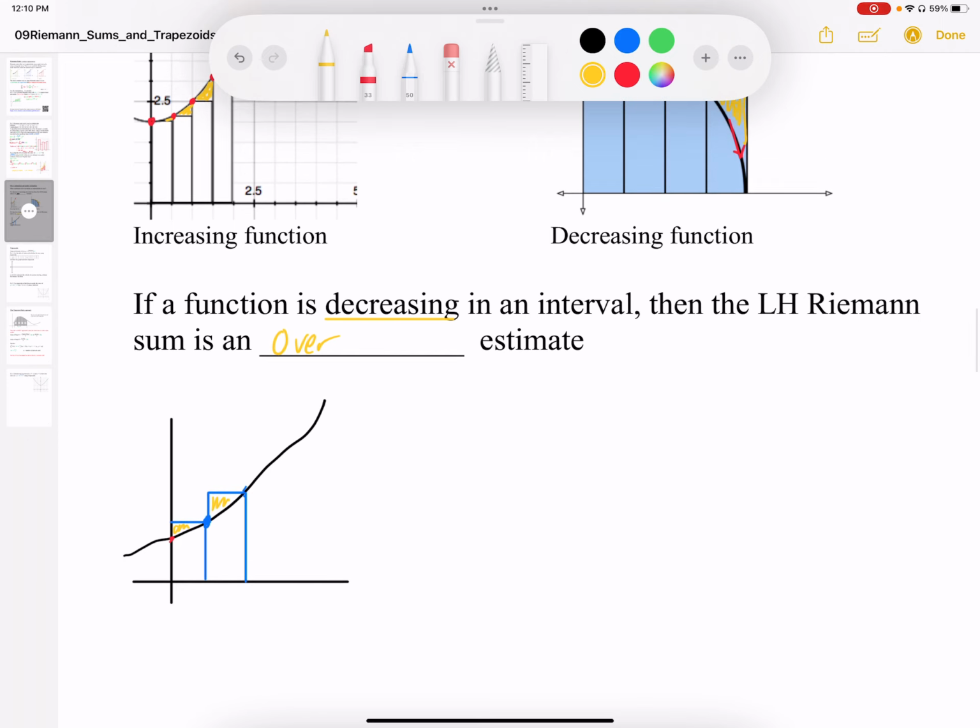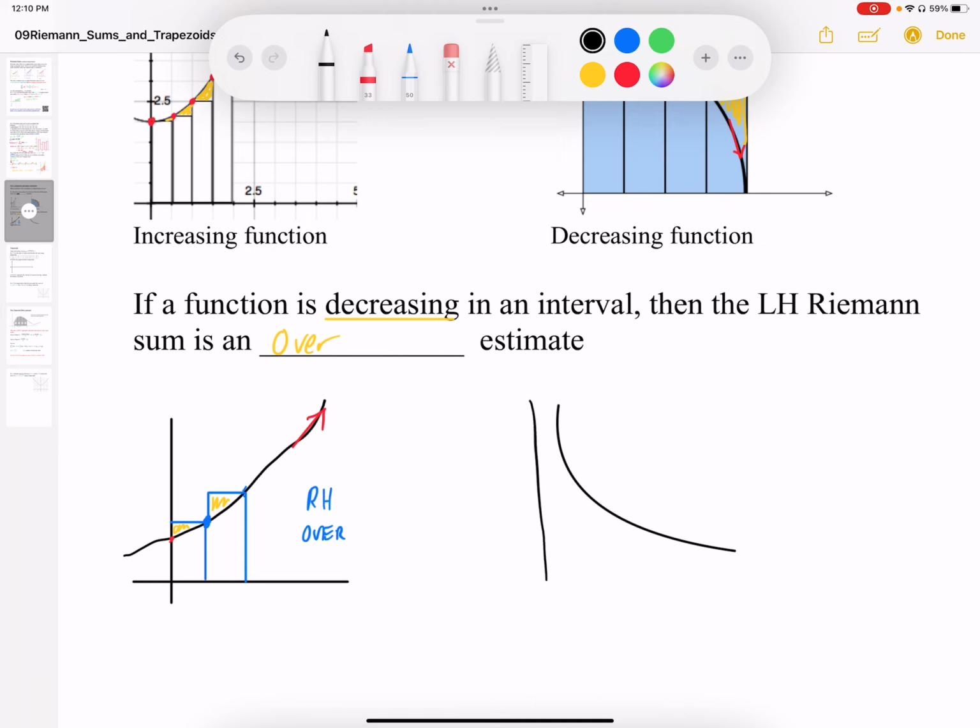So for increasing functions then, the right-hand Riemann sum is an overestimate. The left-hand is an under. And then the same could be true of some decreasing function.